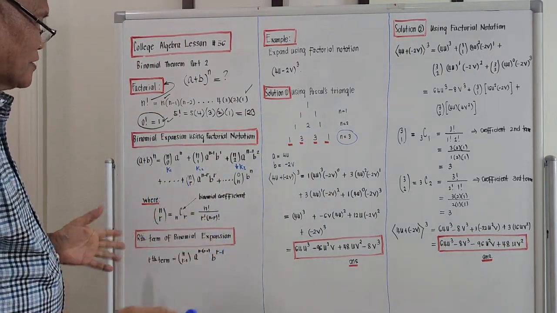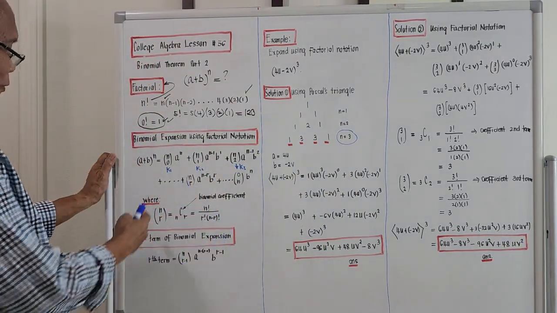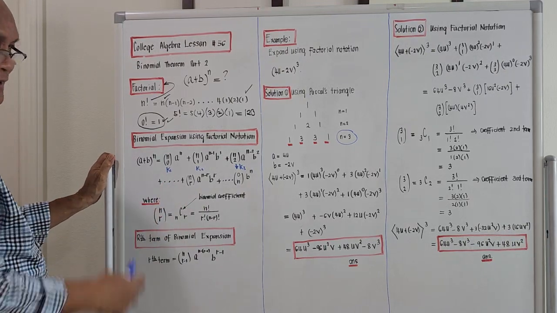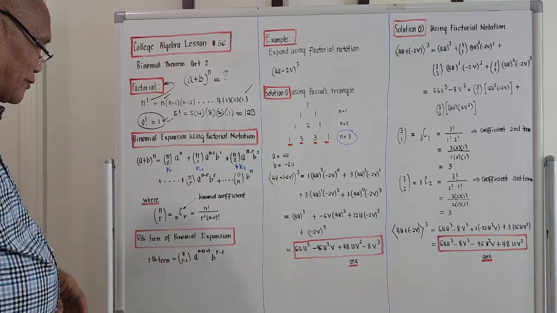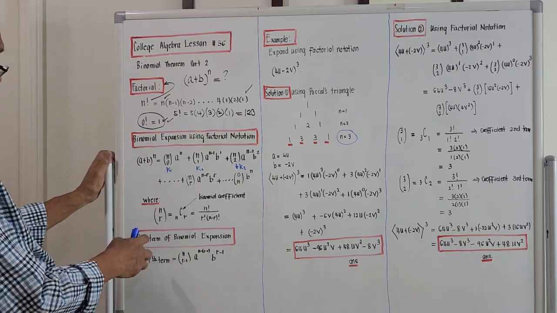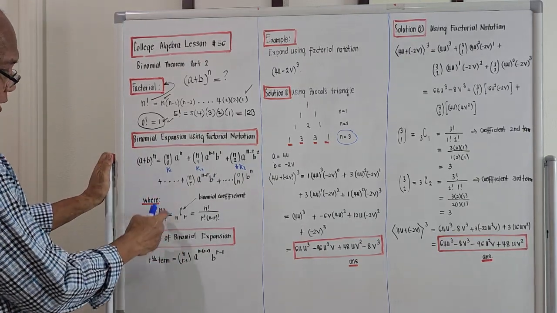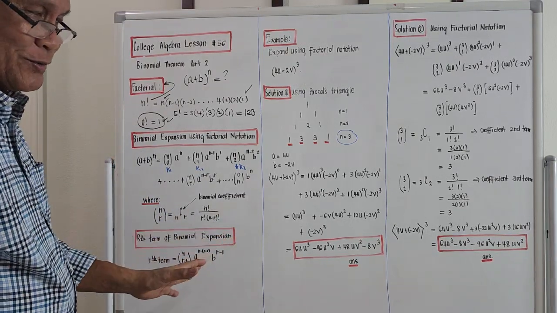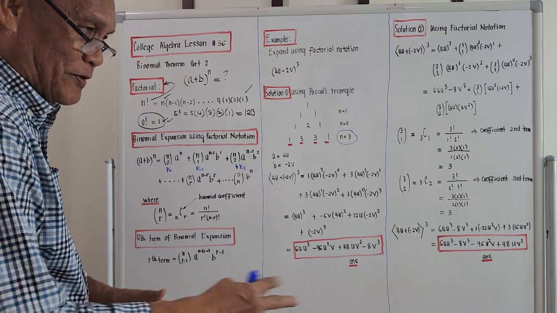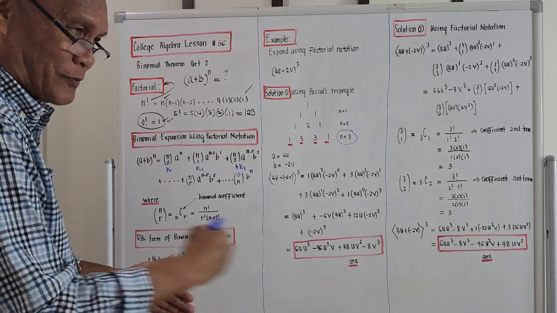The problem is, how do we compute n choose r? Okay? There is a formula on how to compute for that one. The formula will be n choose r. It's hard to, this is my first time to see a subscript in front.